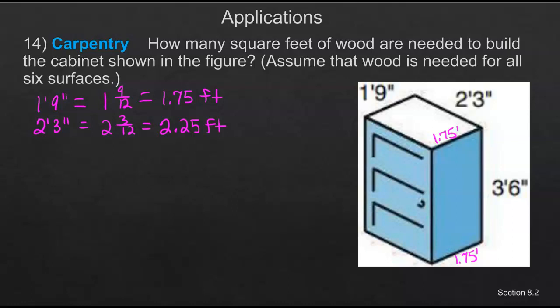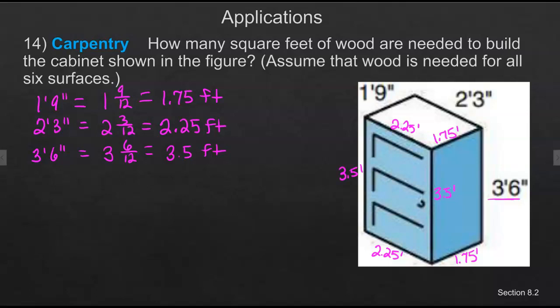And on our drawing, that is going to be on this front, 2.25 here, and also 2.25 there. 3 feet 6 inches is simply 3.5, right? 3 6/12 would be 3.5. And then that will also be here, 3.5 feet, or here on that side.